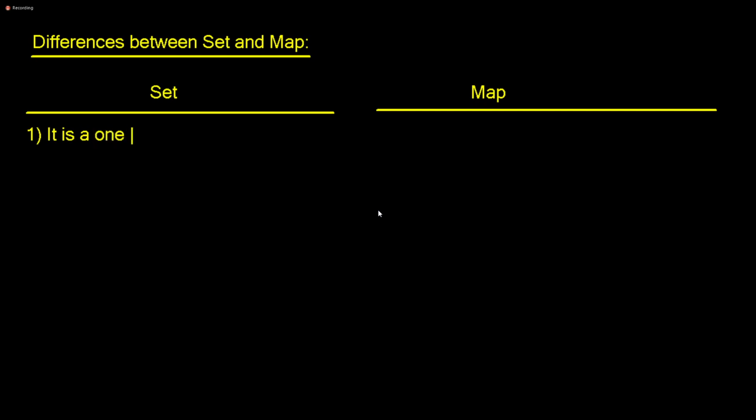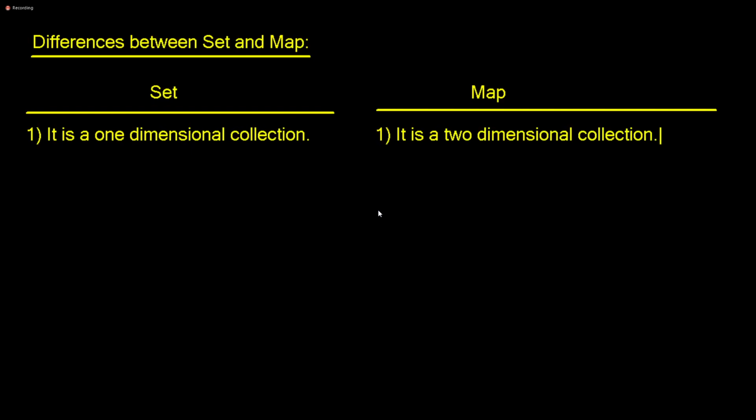Set is a one-dimensional collection. Map is a two-dimensional collection. Set contains elements.